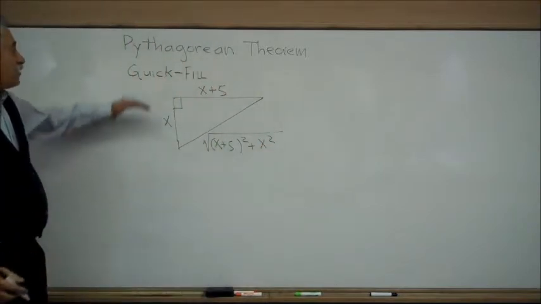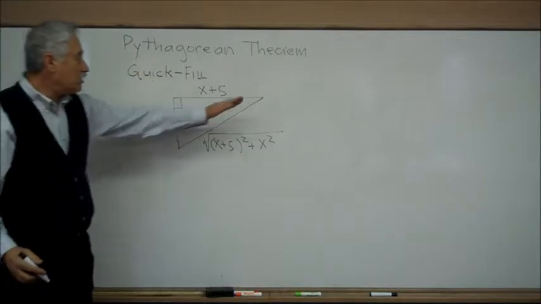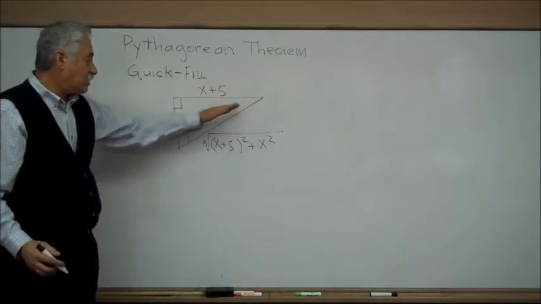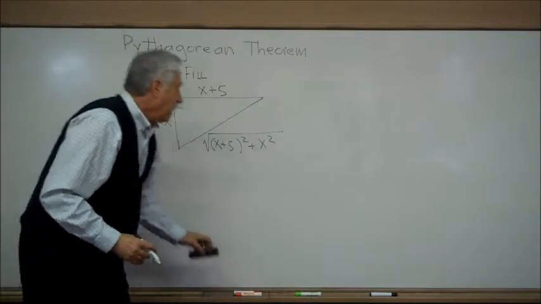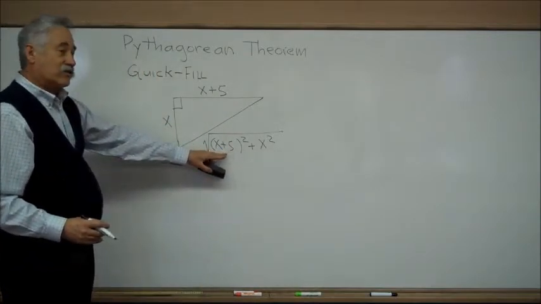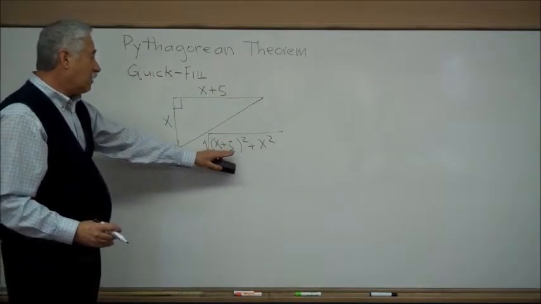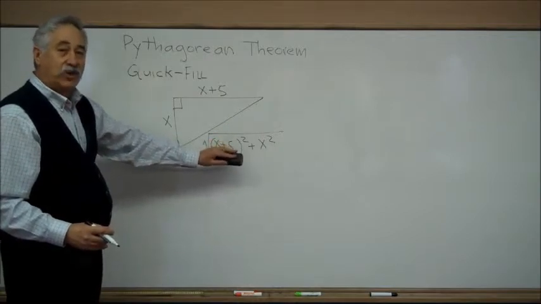And that is the first form of quick fill, using it to fill in a missing hypotenuse. Anything after this is algebra. You may leave it in this form and still be correct up to this point.